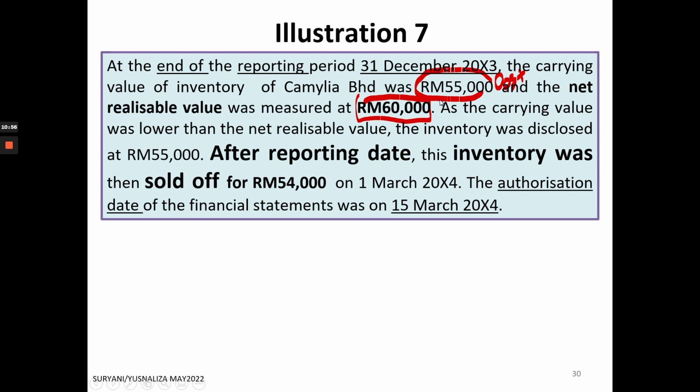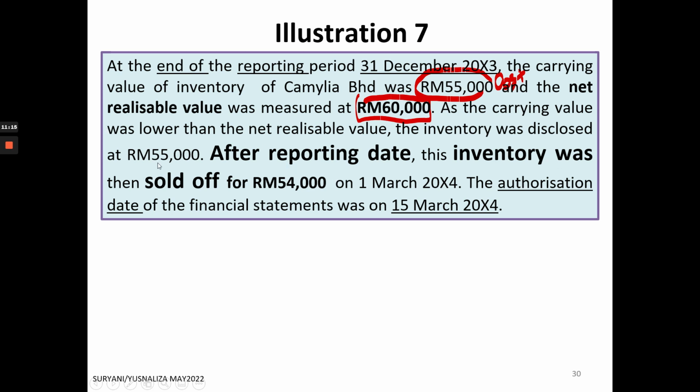So we take the lower figure, and therefore there is no need to write down the inventory at this point. As the carrying value was lower than the net realizable value, the inventory was disclosed at 55,000. No adjustment was yet made. Then you have this information after the reporting date.